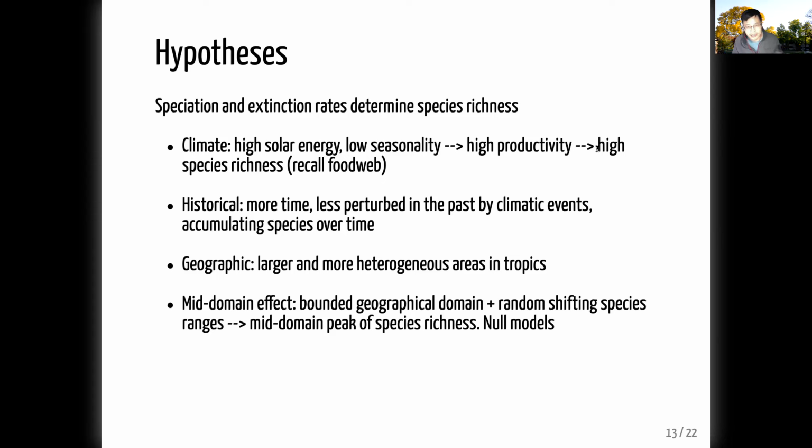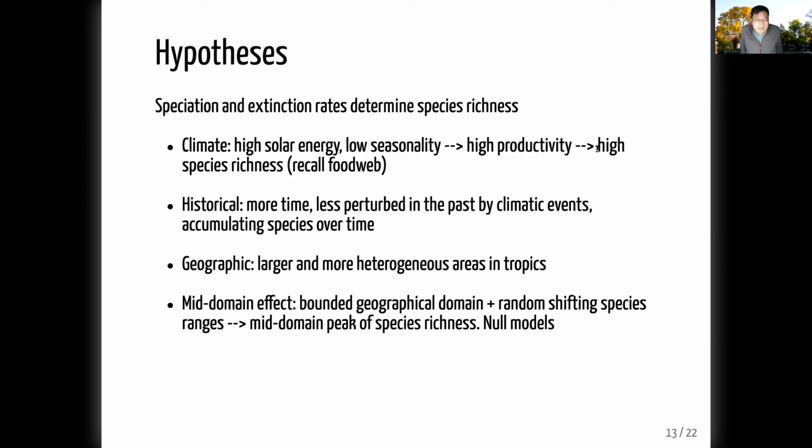Because they were less perturbed by such climatic events, they have had more time to accumulate species over time. Therefore, this can explain why we have more species in tropic areas.